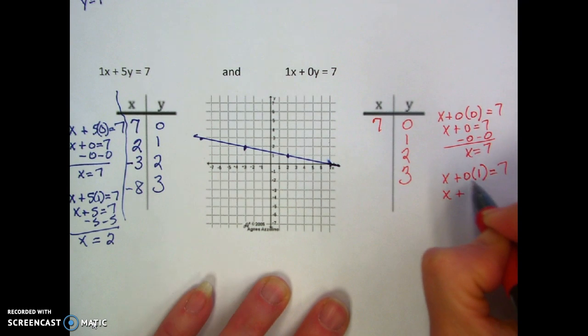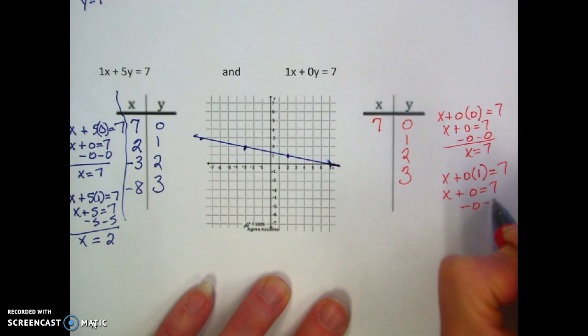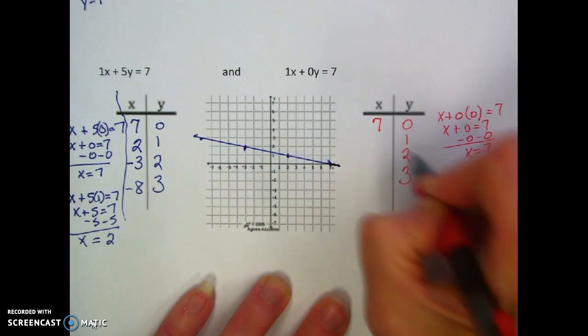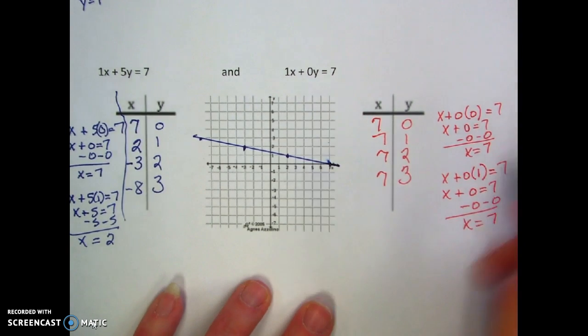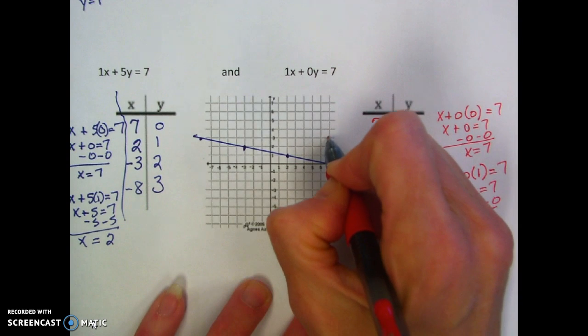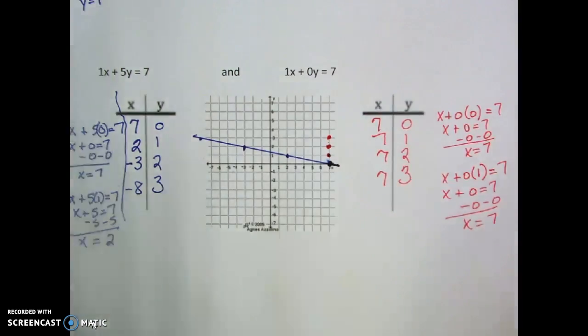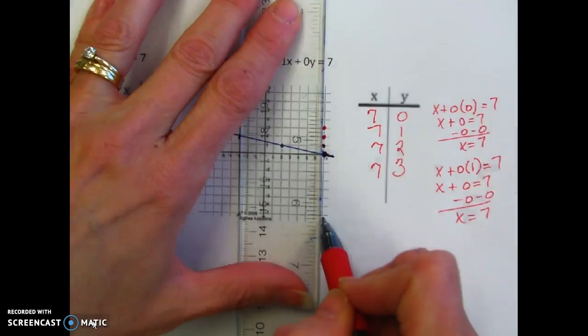This still is going to multiply to 0. This still is going to work out to be 7. If I do the same thing for 2 and the same thing for 3, I get 7s on all those. So 7, 0 was right here. 7, 1, 7, 2, 7, 3 produces those dots, which produce this line.